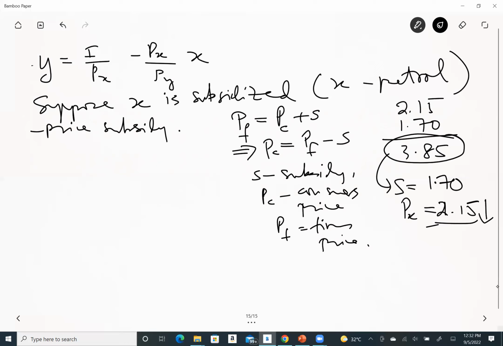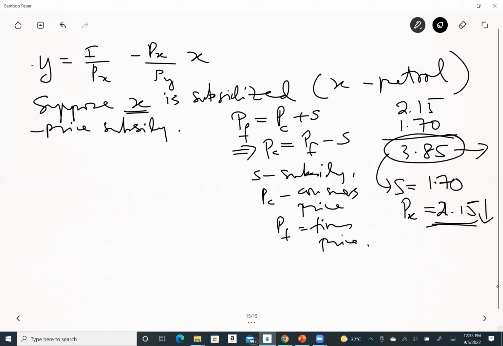Okay, all right. So now suppose X is given a subsidy. In other words, the original price of X, say 385, now that you are given the subsidy, the price will go down to 215.